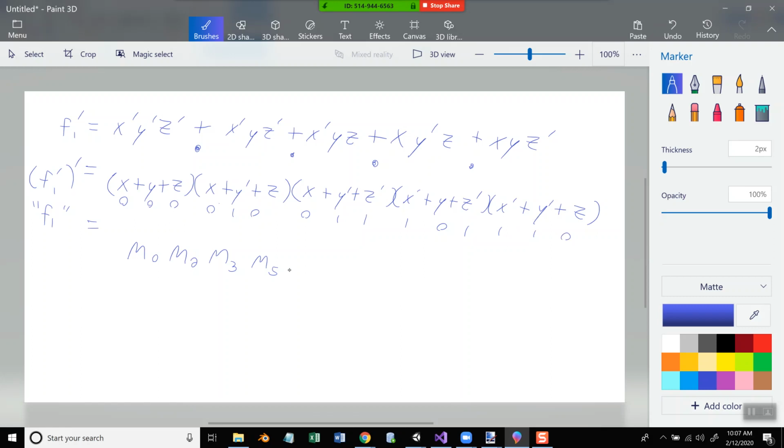So m sub 6. And let me double check my book, see if I did that math right. M0, M2, M3, M5, and M6. Okay. Is that good so far? Okay.